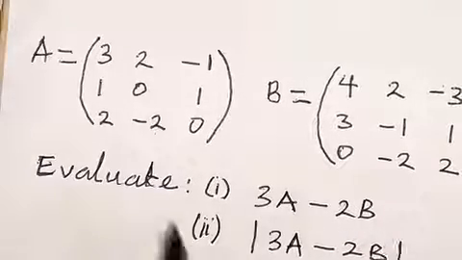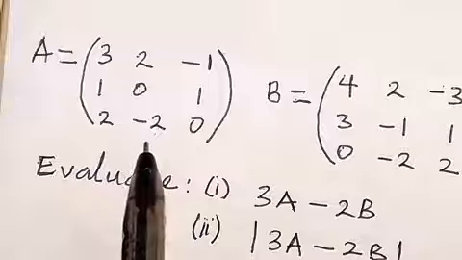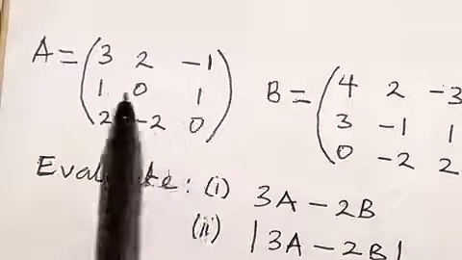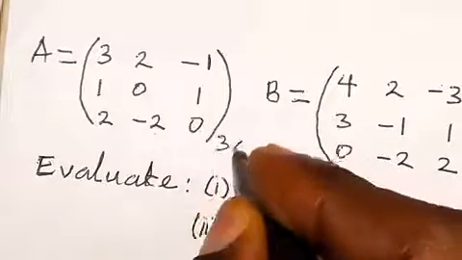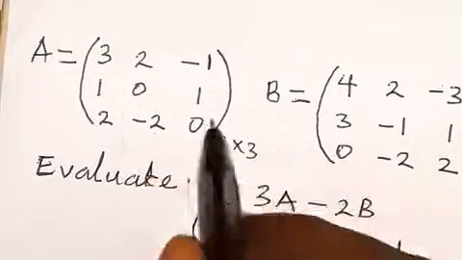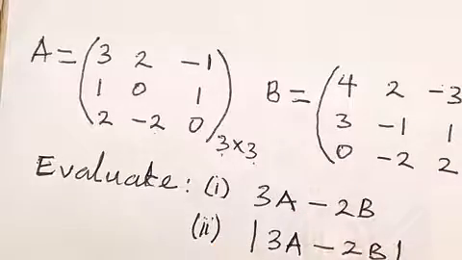So now, if I want to name this matrix, we are going to call it a matrix of 3 rows, then 3 columns. So we can say this is a 3 by 3 matrix. The first one is row, and the second one is column.